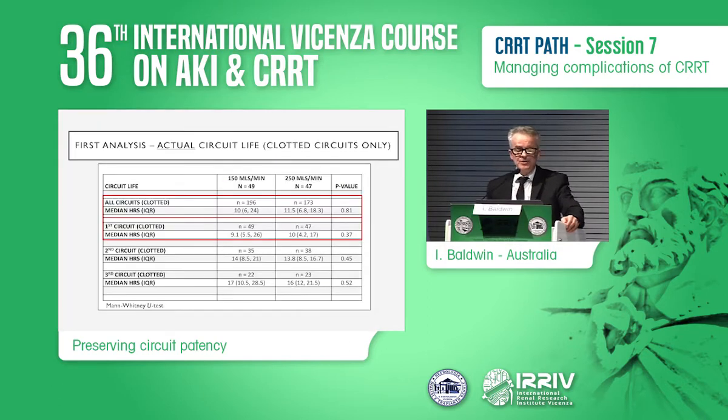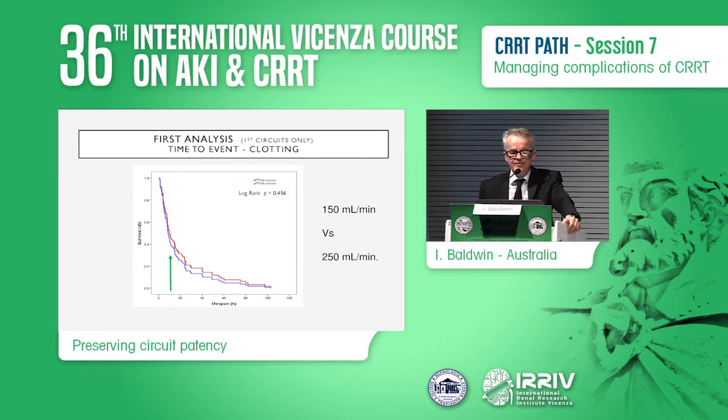On first circuit analysis, or all circuits, we noted there was no difference in filter runtime or filter life associated with those two different blood pump speeds, and perhaps makes the comment that you don't need to go faster if you don't need to. 150 mils a minute is where we're now sitting. So there's the Kaplan-Meier graph for that.